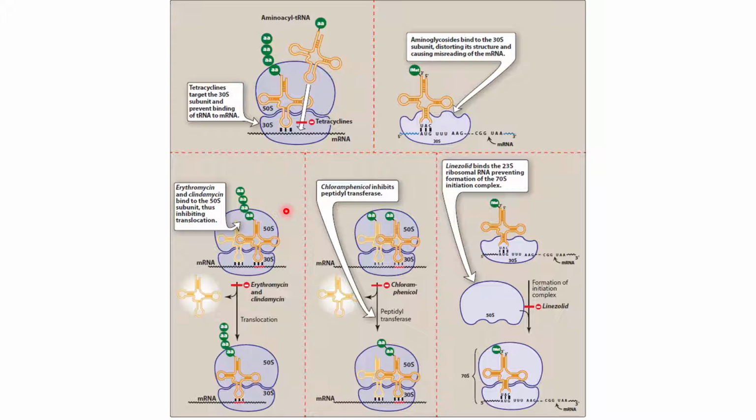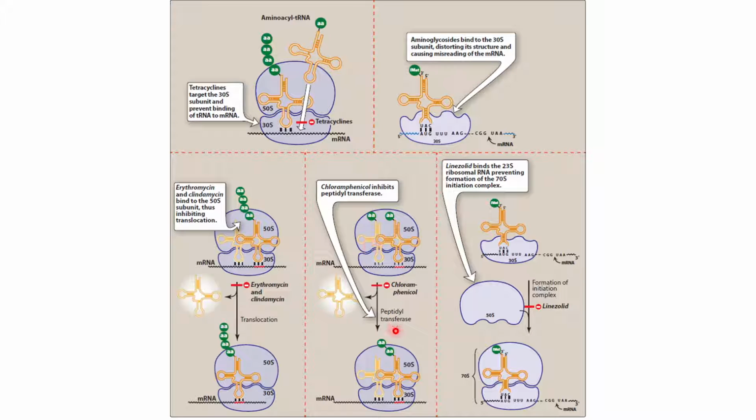Then erythromycin and clindamycin bind to the S50 subunit, and they inhibit the translocation step, when the ribosome moves from one codon to another codon, and that stops the synthesis of the protein as well.